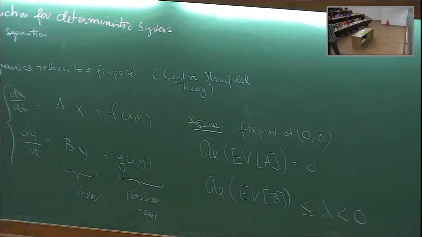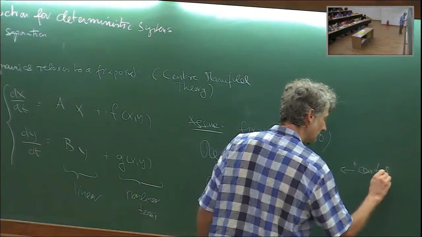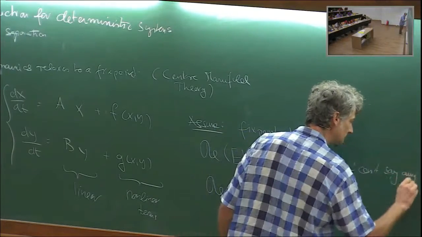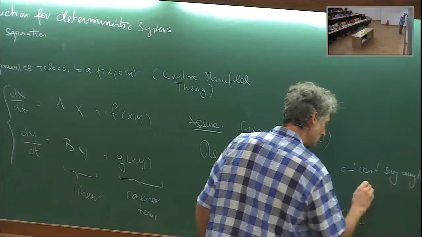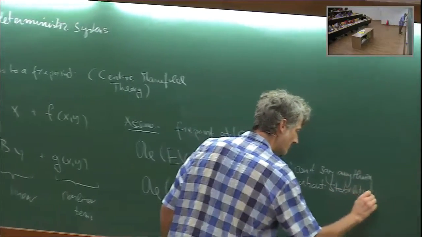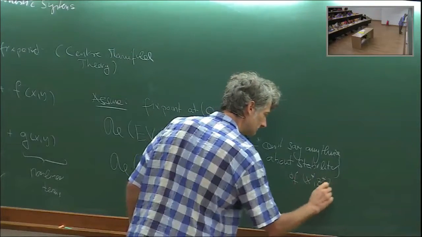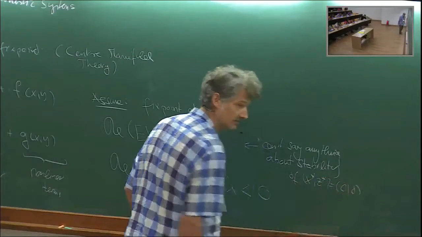Yes, so we assume that there's a fixed point at 0, 0; we need that f of 0, 0 is 0, and g of 0, 0 is 0, right? Okay, so now, as a comment, we can't say anything about the stability of the fixed point 0, 0.